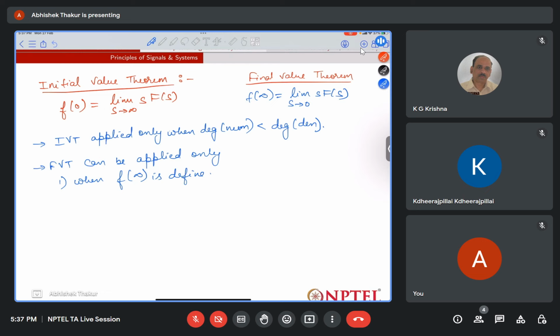Whenever all the poles lie in the left half of the S plane, this means the signal is stable. So it will not be applicable for an unstable signal.